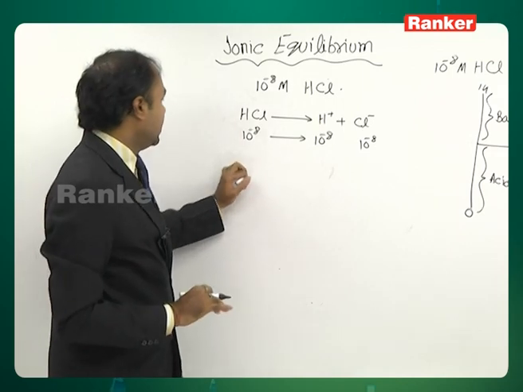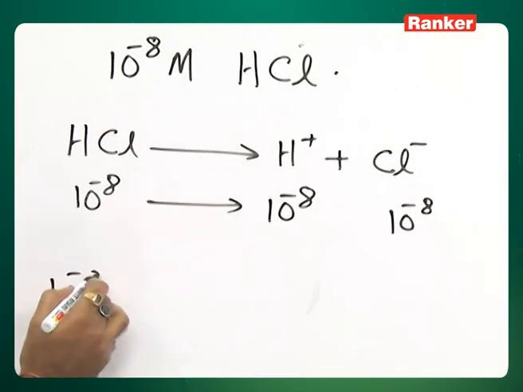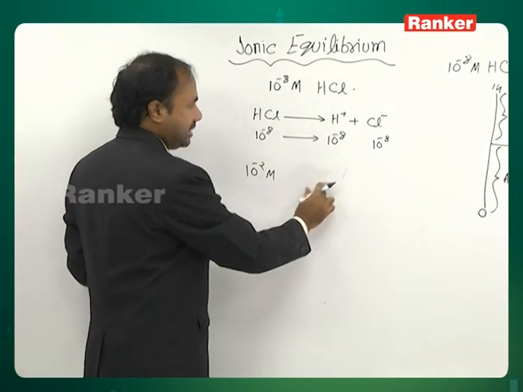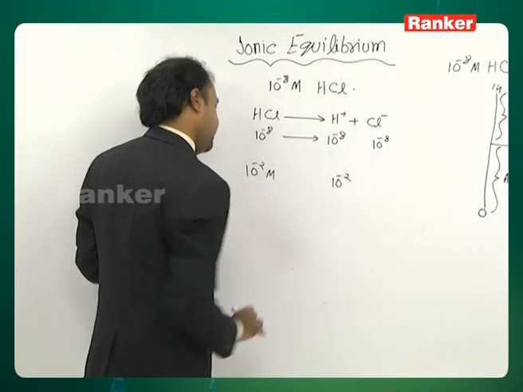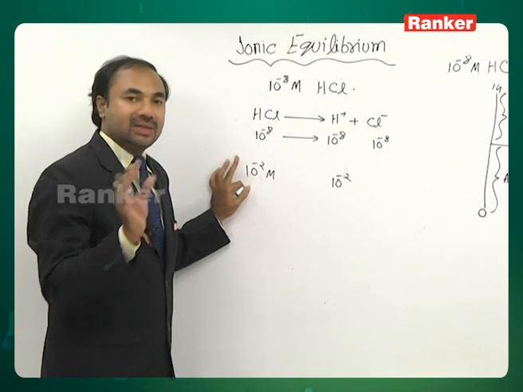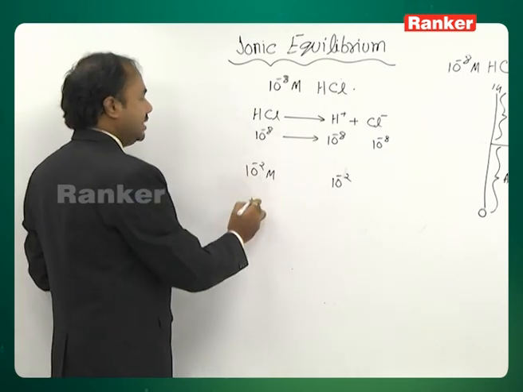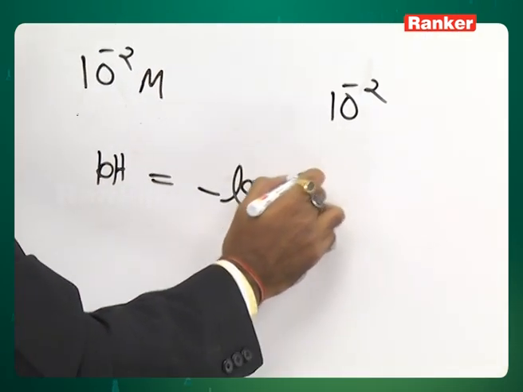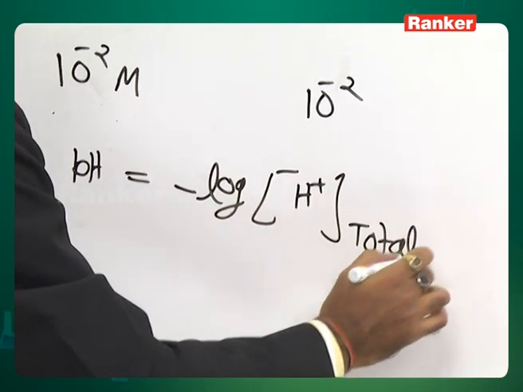See the case now. Previously, when we discussed the 10 to the power minus 2 molar HCl solution, at that time the concentration of H plus given by dissociation of HCl was 10 to the power minus 2 molar. If you remember, just some time back when I gave the formula, we wrote that pH is equal to minus log of the total H plus ion concentration present in the solution.